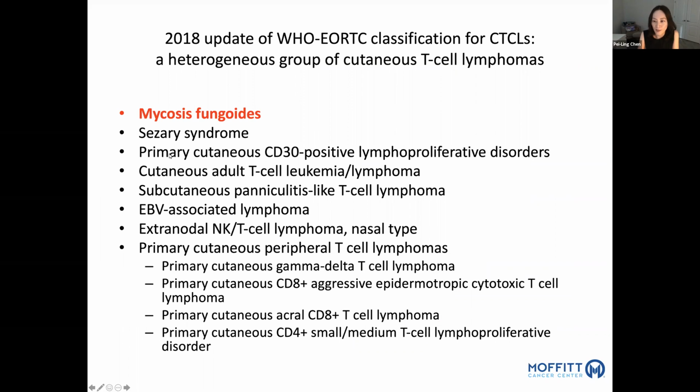We also have primary cutaneous CD30 positive lymphoproliferative disorders, cutaneous adult T-cell leukemia lymphoma, subcutaneous panniculitis-like T-cell lymphoma, EBV-associated lymphoma, extranodal NK T-cell lymphoma nasal type, as well as a few primary cutaneous peripheral T-cell lymphomas. This is a very heterogeneous and diverse group of T-cell malignancies involving the skin.